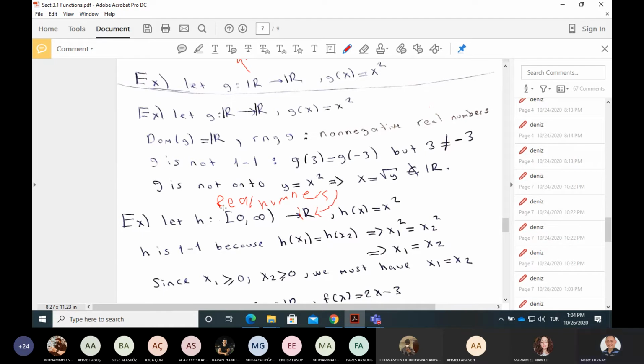Why? Because when you solve this, x is equal to square root of y, but these are not real numbers. So you cannot always find x in real numbers. You have to find it from here.